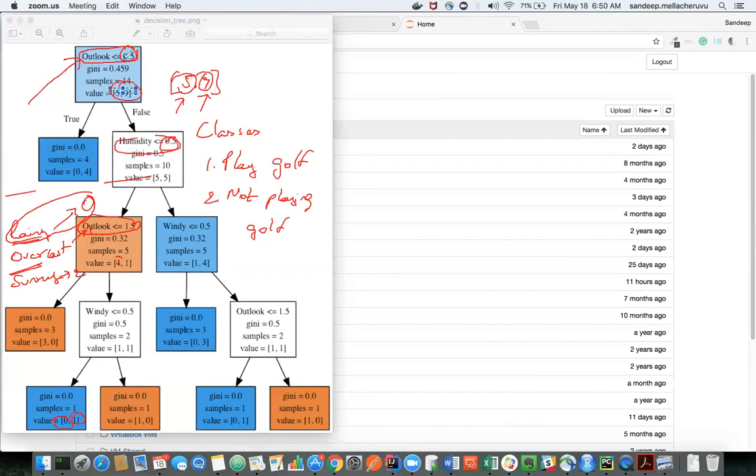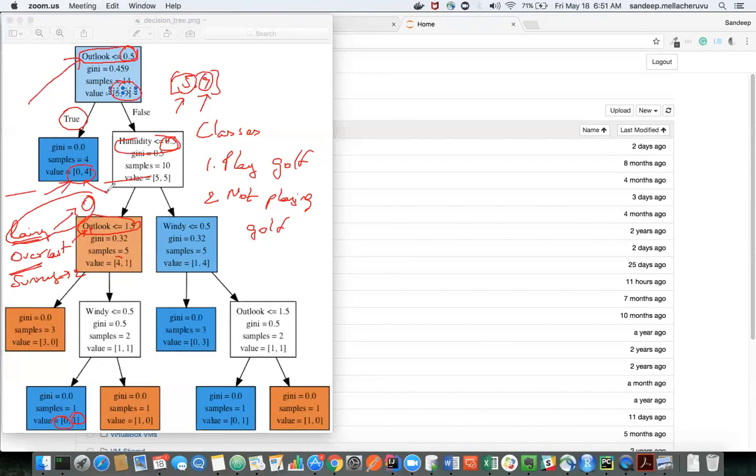Now what happened is, when outlook less than 0.5, what does it mean? Outlook is equal to rainy. When outlook equals rainy, and that is true, then I have 0, 4 as a value. What does it mean by 0, 4? 0 means the number of days when you did not play, and 4 means the number of times that you played.